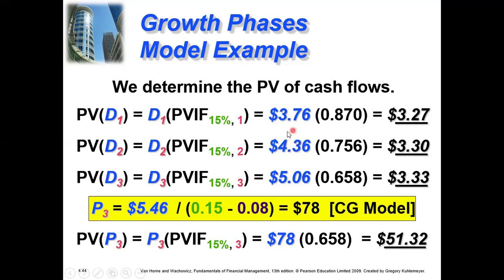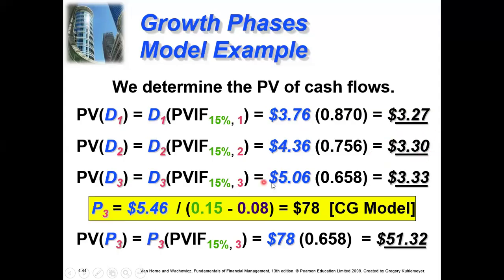Okay. Then this is the D2. This is the dividend we will receive after the second year. In the second year, we will receive this dividend. So we have to take this D2 back 2 years. So the present value of this D2, the present value of $4.36, is 3.30.